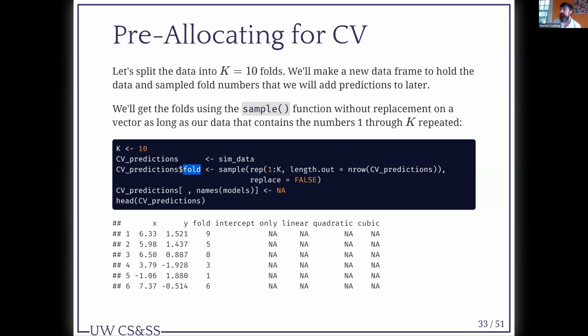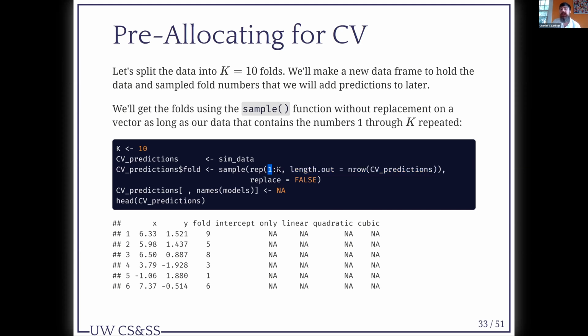I want them to be mutually exclusive with no replacement. So I say, I want to randomly sample from something. What I'm going to randomly sample from is I want to repeat the numbers 1 through k, length out equal to the number of rows in my data.